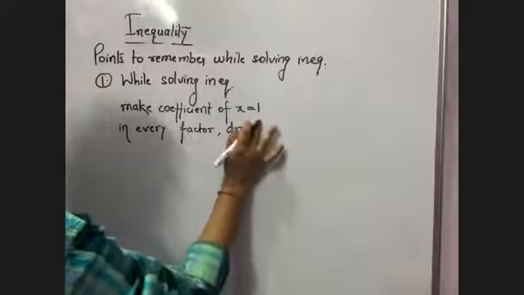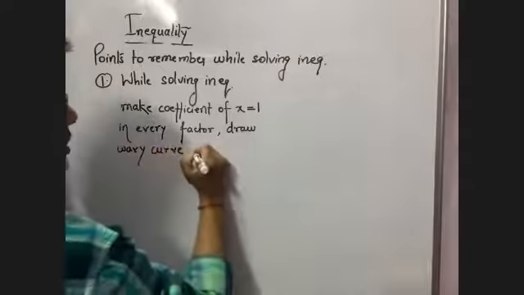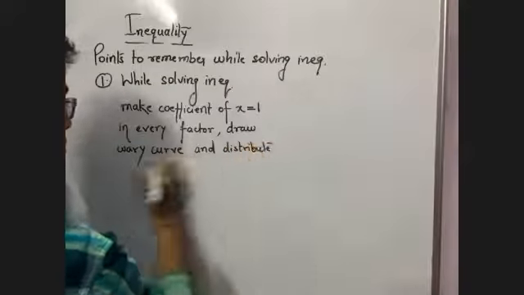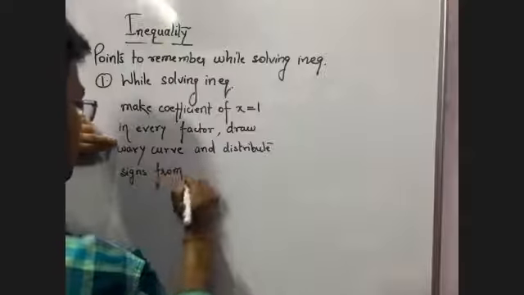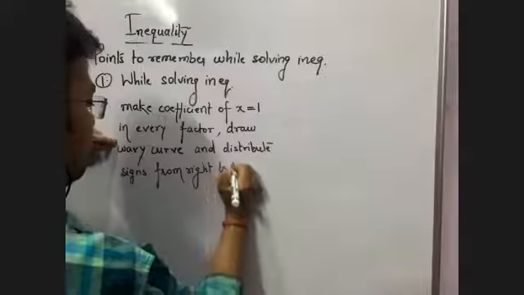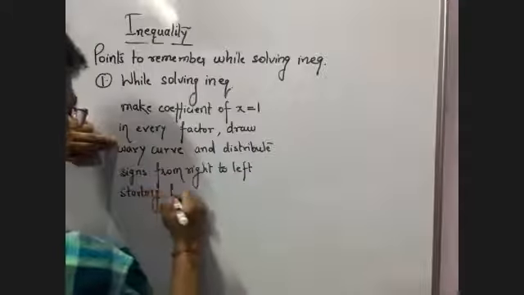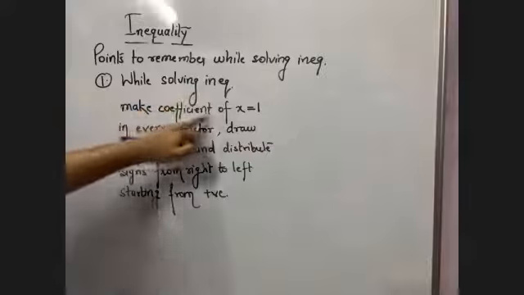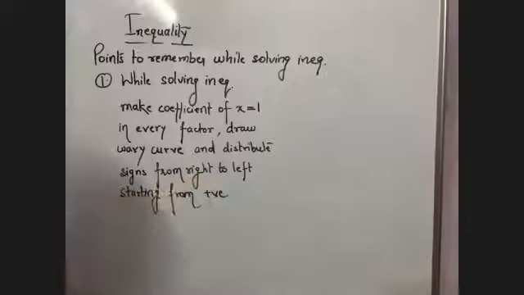Then draw the wavy curve and distribute signs from right to left, starting from positive.